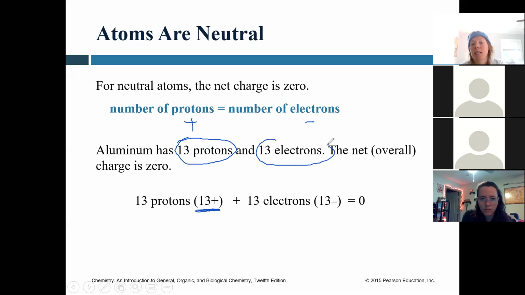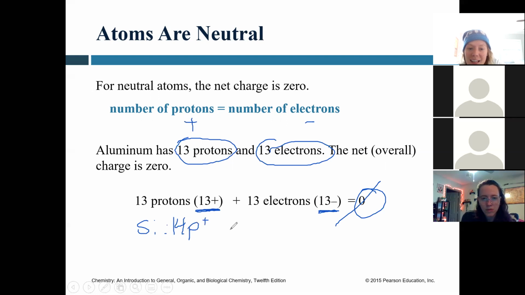If I have 13 electrons, that's a negative 13. This and this will give me the overall 0, which is what I want. We want the net 0. So silicon on our periodic chart is number 14. It should have 14 protons and 14 electrons.